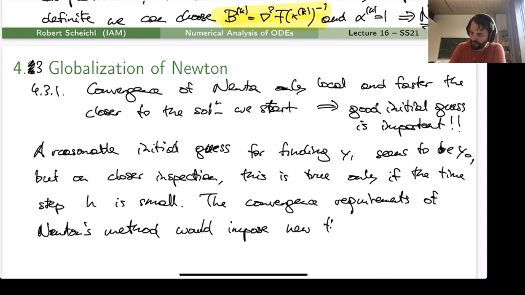We don't want to do this. We want to take the time step as large as the stability of our method allows, or as large as the accuracy we want to achieve with our method allows. So this is what we want to avoid.